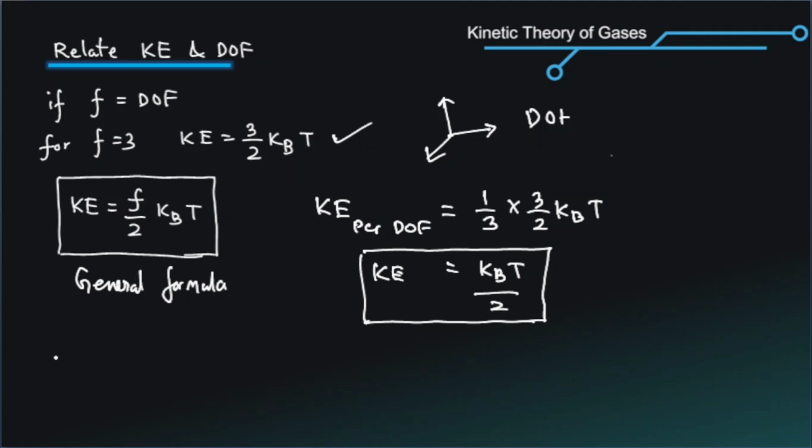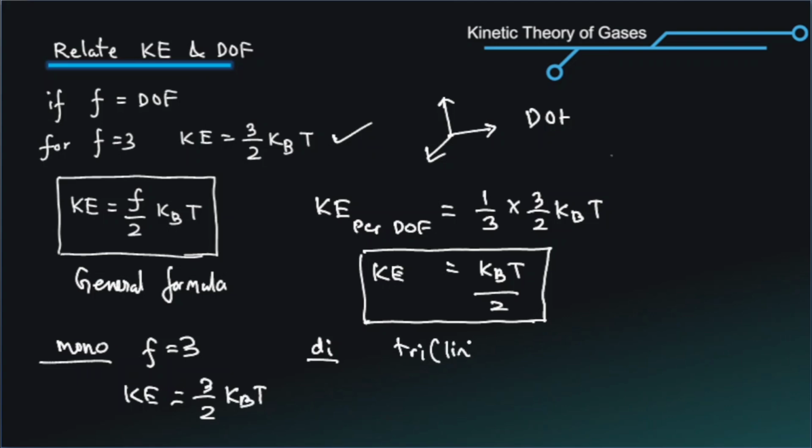Okay. You have had a number of cases, like say monoatomic. What do you have? Degree of freedom was 3. So kinetic energy is 3 by 2 kBT. Similarly, diatomic, triatomic linear, triatomic nonlinear.